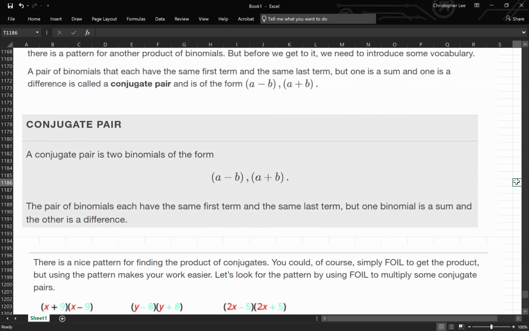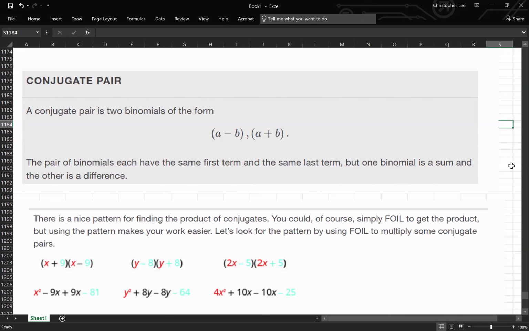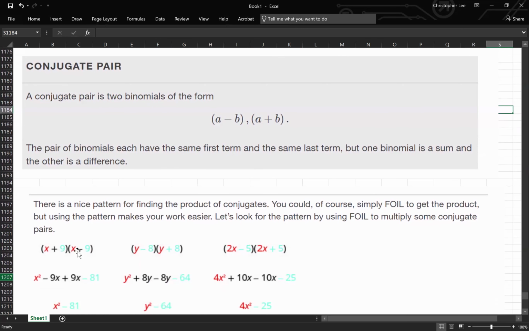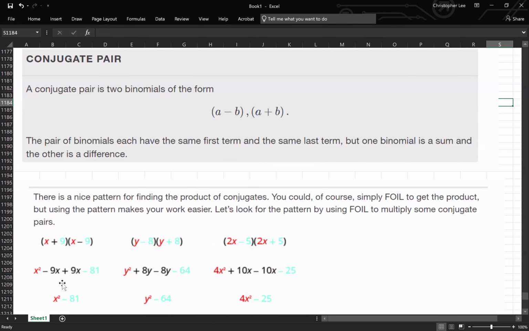So let's look at the pattern by using FOIL to multiply some conjugate pairs. Say I have x plus 9 times x minus 9, right? You distribute it, you're going to get x squared minus 9x plus 9x minus 81. Combining like terms, the two middle terms will cancel out, leaving just x squared minus 81.